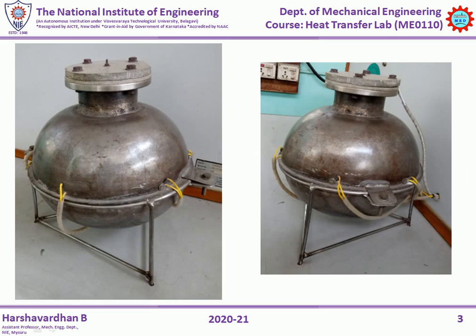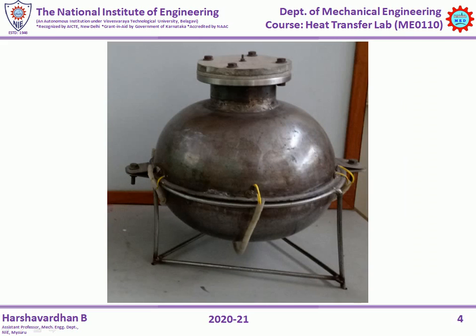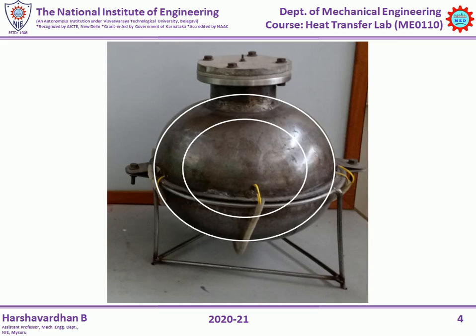Now let's have a look at the test chamber shape. This test chamber is going to be like a sphere. In this test chamber there will be two concentric spheres. The outer sphere will have a diameter of 250 mm, while the inner sphere will have a diameter of 60 mm.